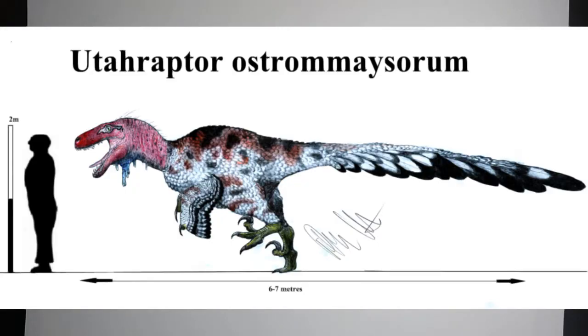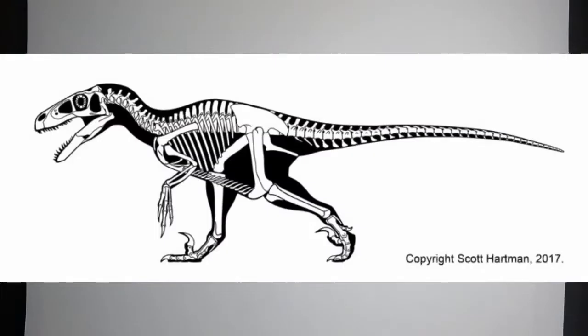The next one is by Dakotaraptor, I think his name is, on DeviantArt, and he does some really neat prehistoric restorations. After that we have a skeleton designed by Scott Hartman, and he's done a lot of really great skeletals, so I suggest you check him out, because he makes a lot of accurate skeletals for reference images for dinosaur drawings.